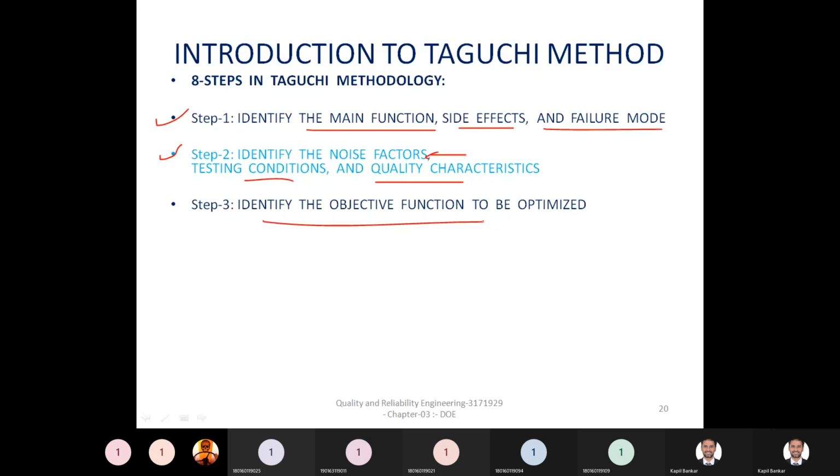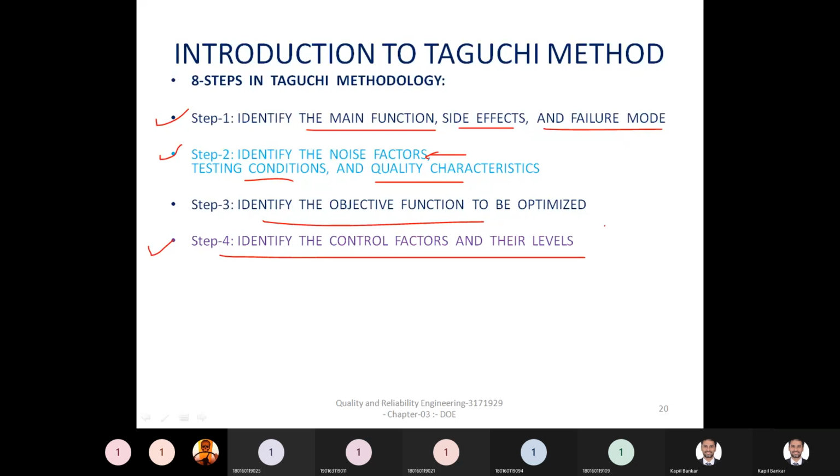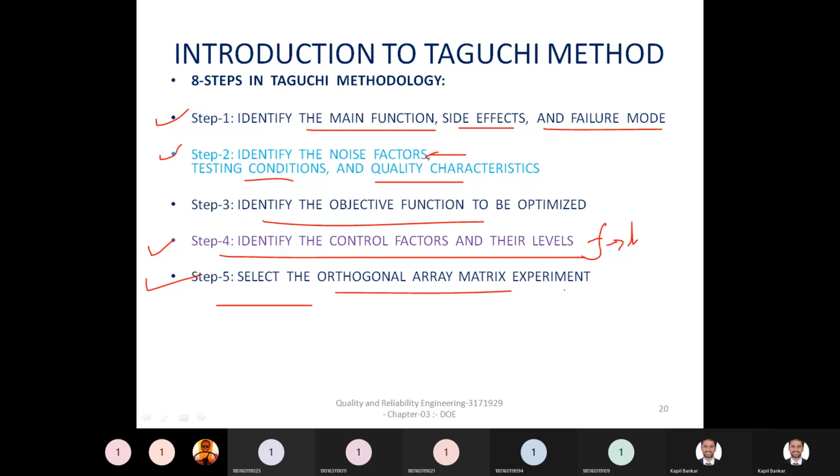It means what is your objective? You have to optimize the cost or any defects, so decide it. Then step number 4, identify the control factors and their levels, meaning you have to select your factors and their levels. Then step number 5, select the orthogonal array with the help of these factors and levels.